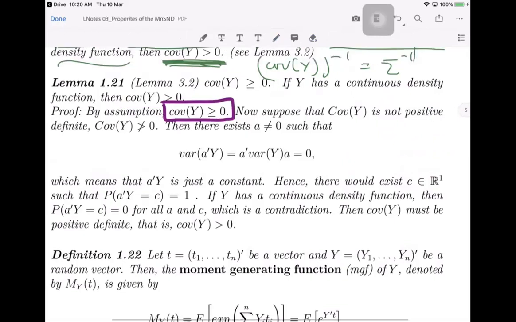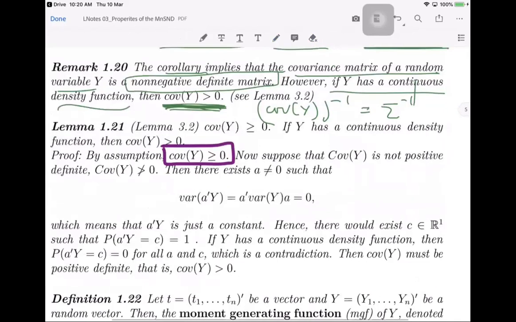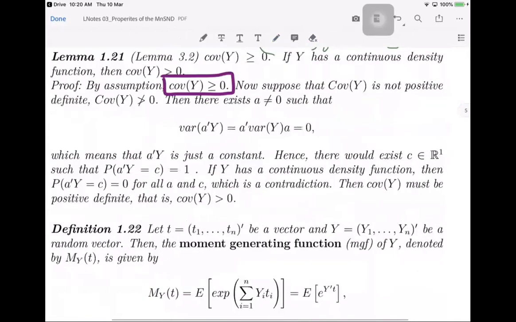Non-negative definite matrix. Okay, so suppose it's just a non-negative definite matrix, or not positive definite.